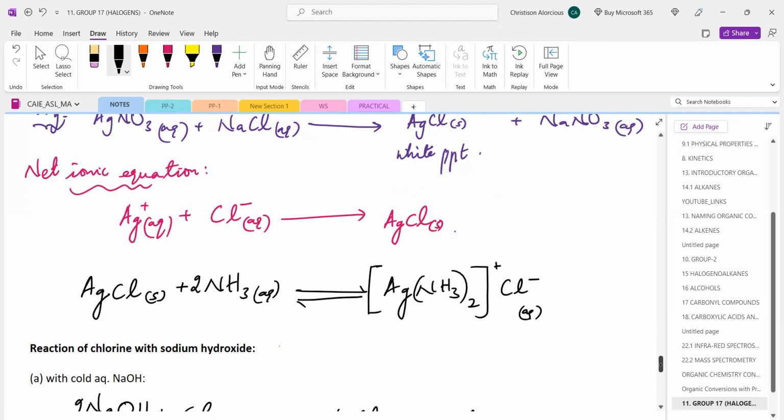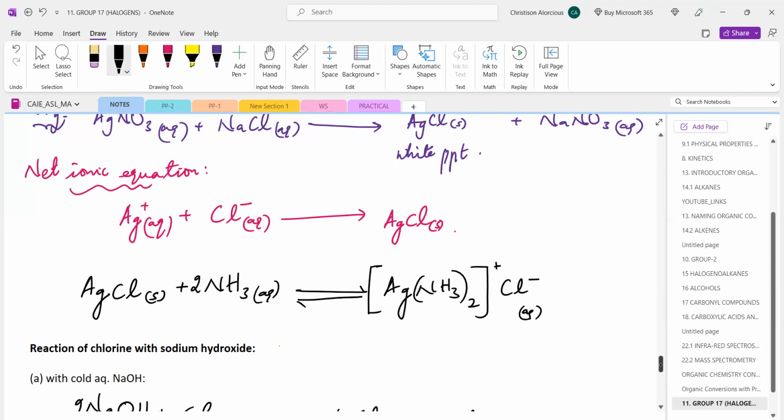So with AgBr, you are able to push this equilibrium towards the right by increasing the concentration of the ammonia, while with AgI, the position of equilibrium is so far towards the left-hand side that no meaningful increase in concentration of ammonia is able to push that equilibrium enough to the right-hand side. As a result, you find that AgI is insoluble even when you add excess concentrated aqueous ammonia.